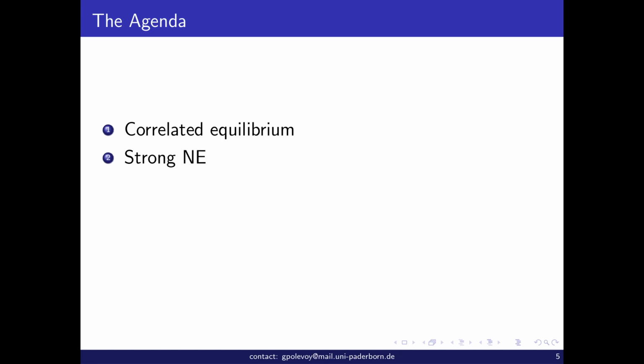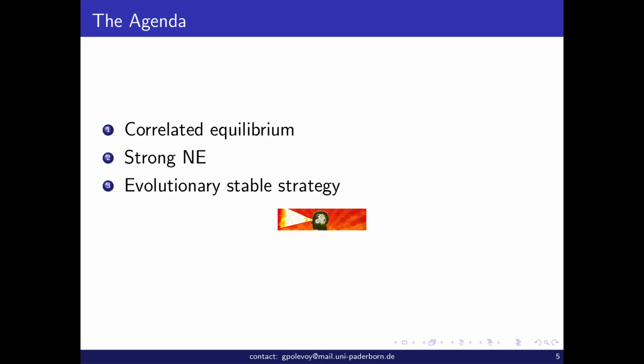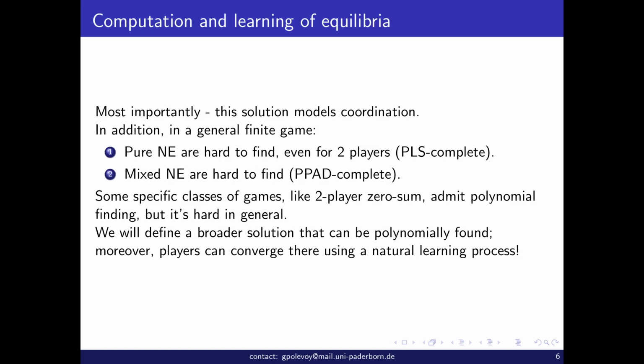Not about how we randomize, but which interest do we take into account and who can deviate at the same time. And the last for this lecture is going to be which strategies are called evolutionary stable. So that's a glimpse into evolutionary game theory. Okay, so let us start with correlated equilibrium.